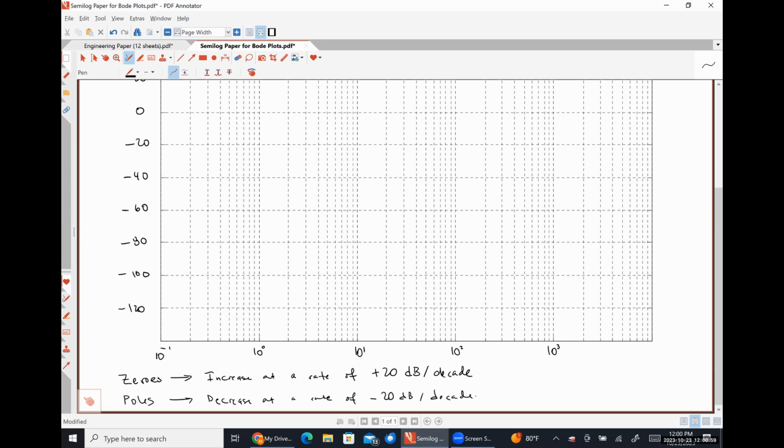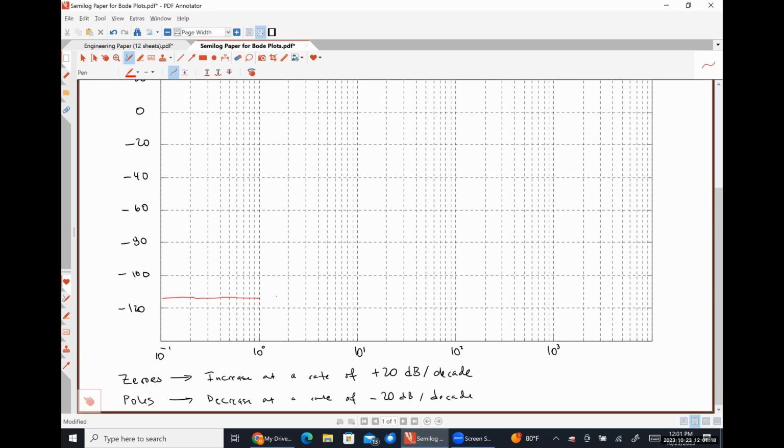All right. So again, I'm saying that because we found that our constant term should be somewhere in the ballpark of negative 112 decibels, which would be right around here.